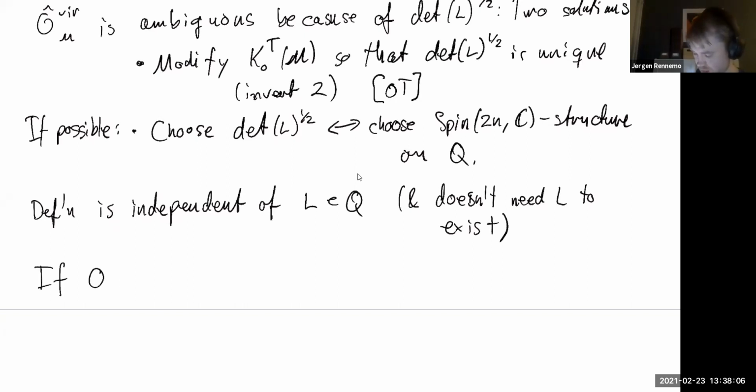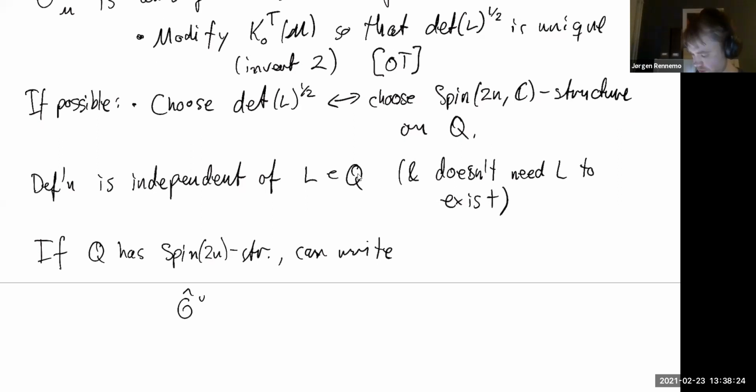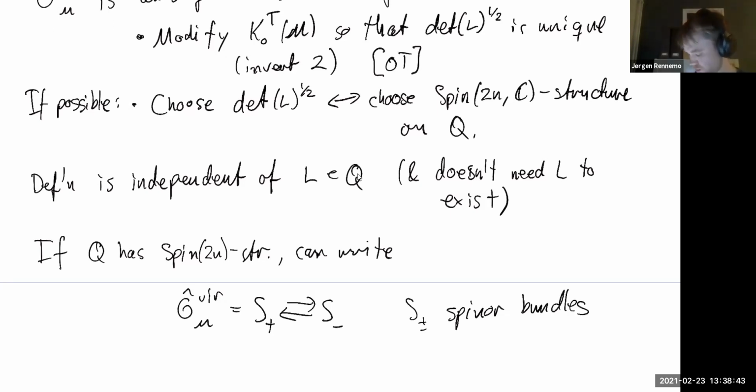If Q has a spin structure, then we can write the structure sheaf using spinor bundles, and the maps here are determined by the section S. But anyway, the point is there is some way of defining this which doesn't depend on the choice of maximal isotropic Lagrangians.